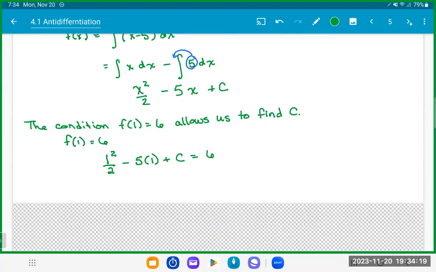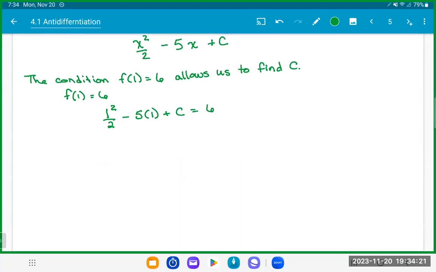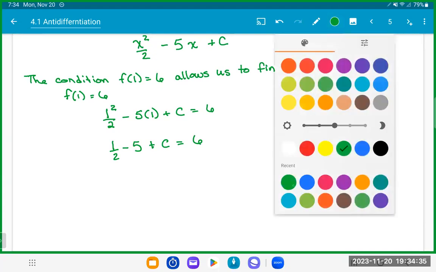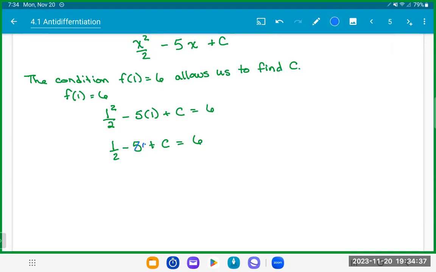So now when we work on this, we have 1/2 minus 5 plus c equals 6. So this here is the same as 10 halves, right?